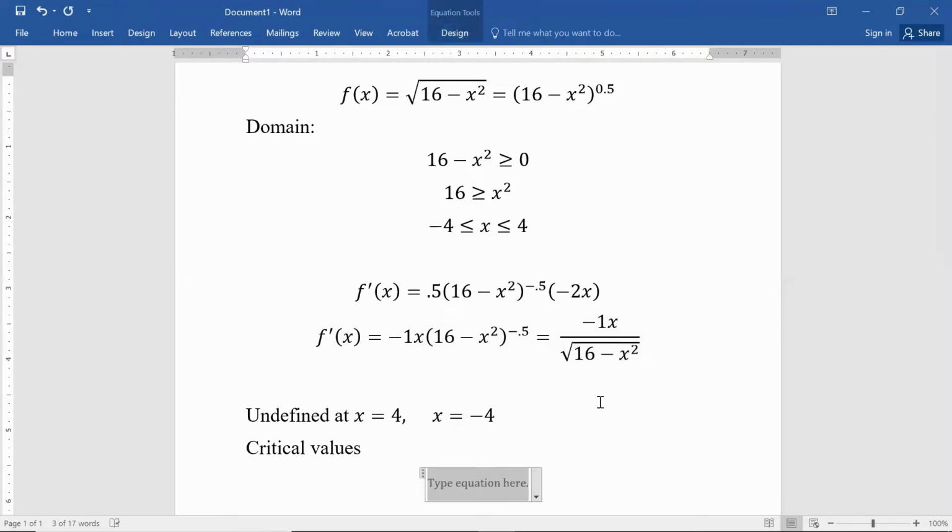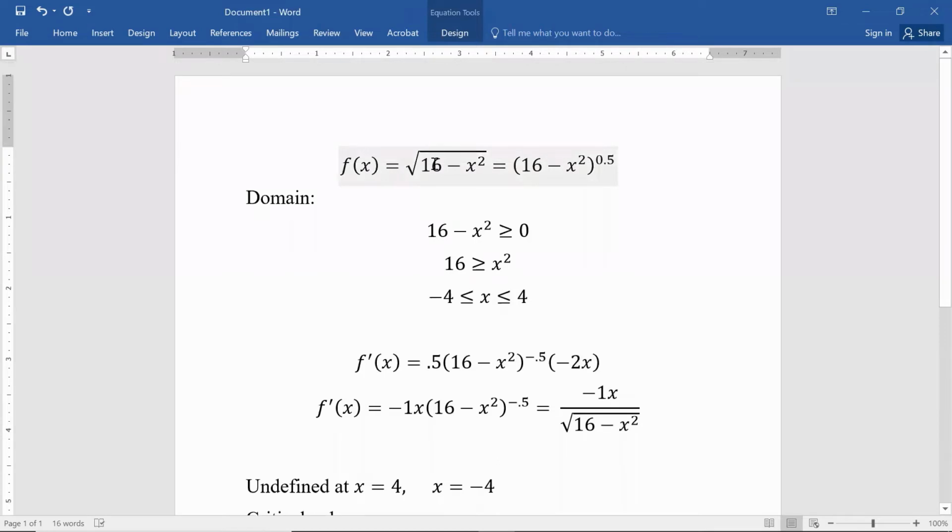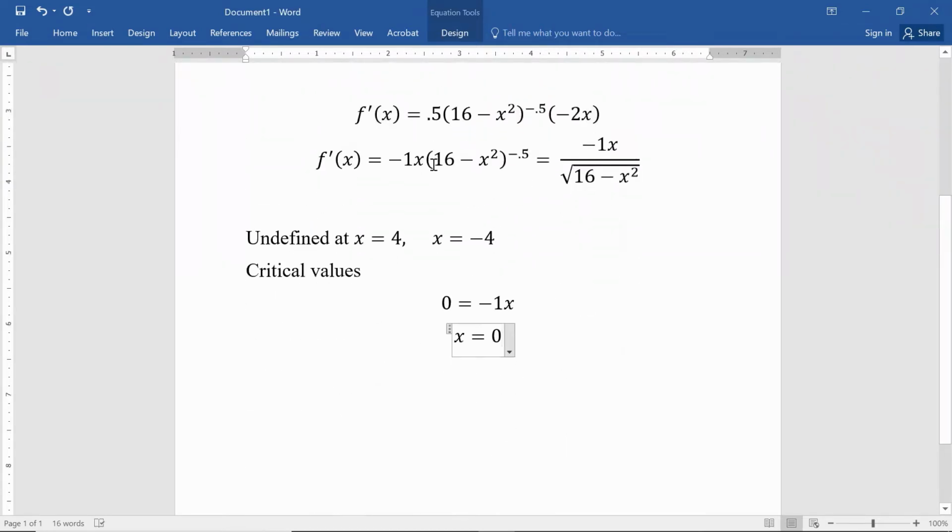The first derivative is going to be 0 when the numerator is 0, and so we get a critical value of x equals 0. If I plug that in to my function, I get a critical point at 0, 4.